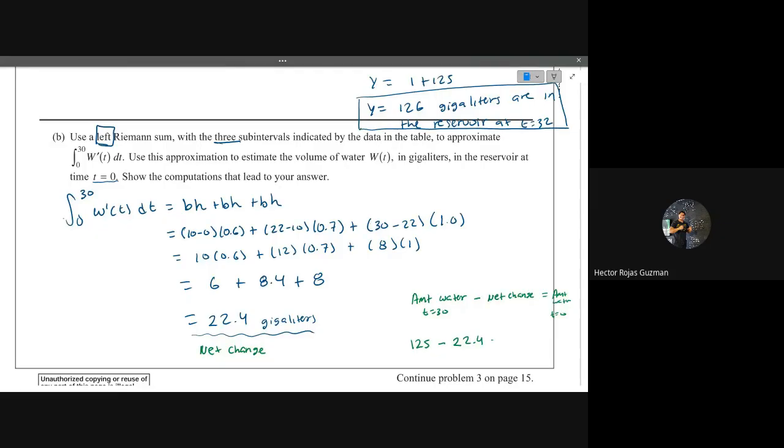So if you subtract those, we get 102.6 gigaliters at t is equal to 0. That's how much water we started with. Then we added 22.4 in the span of 30 days, giving us 125 on day 30.